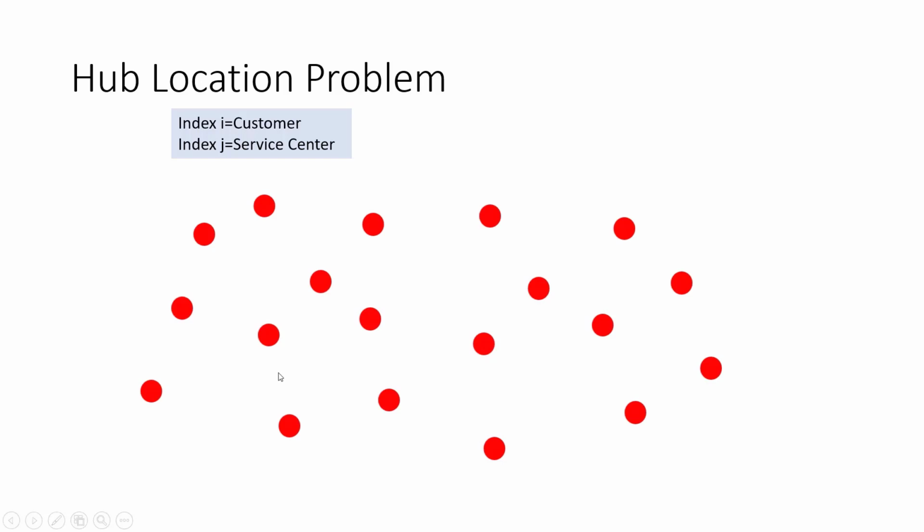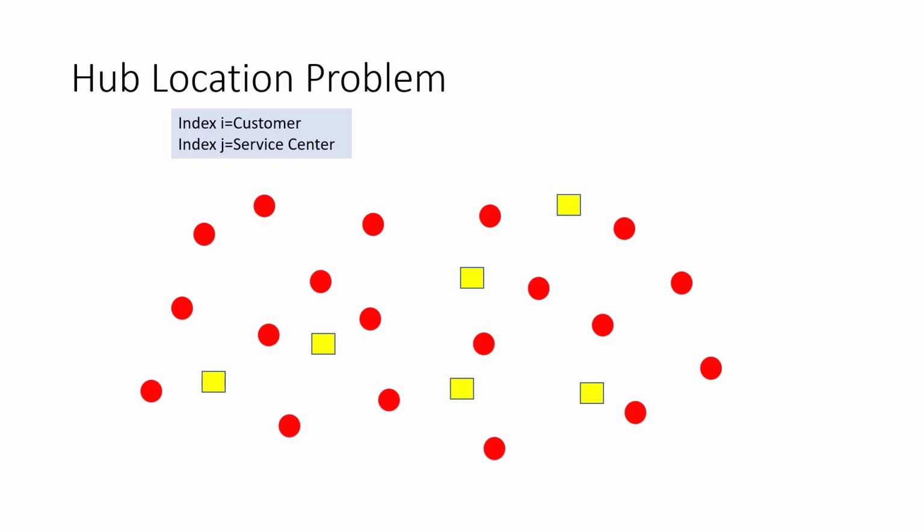So let's take a look at hub location problems. Actually, we have different customers, and all customers have to be served by different service centers. We assign index I for the customers and index J for service centers. The red circles demonstrate the customers that can be distributed in a special area, which can be a city or something like that.